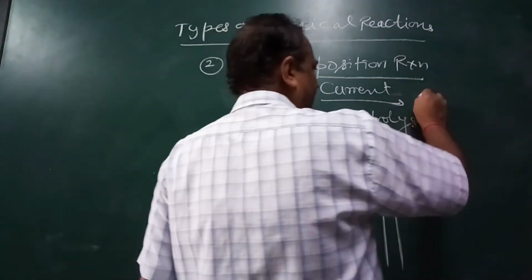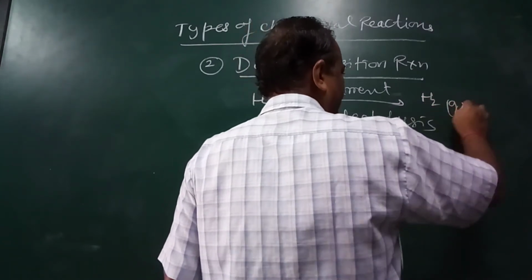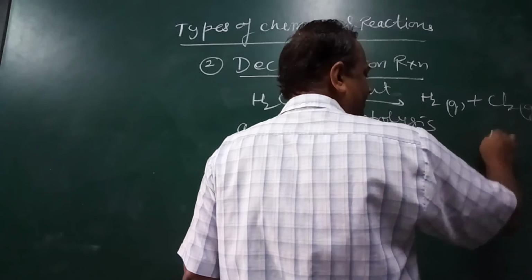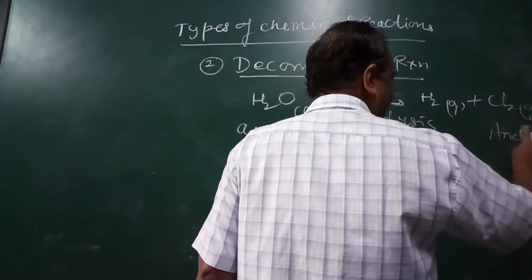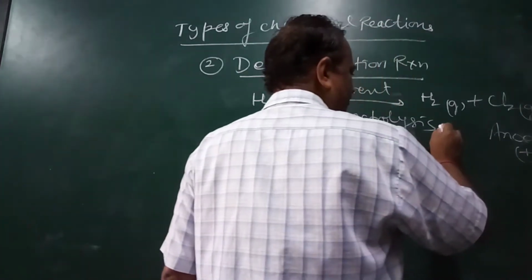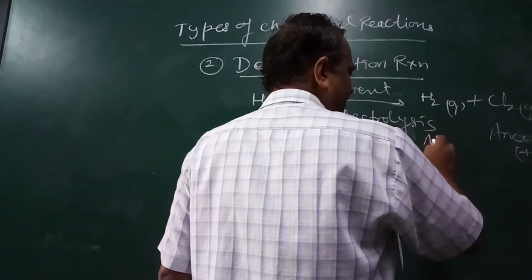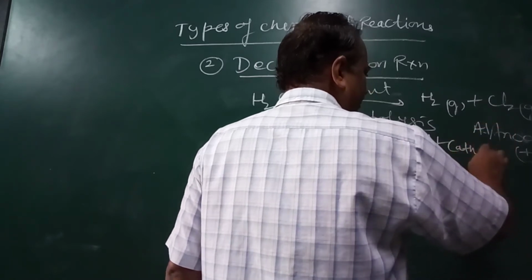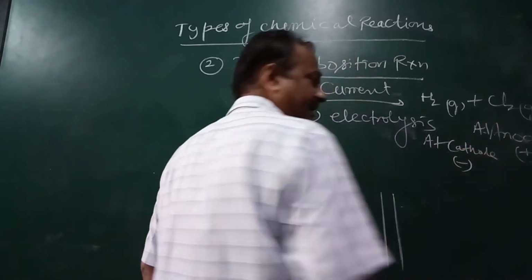So there is H2 gas plus Cl2 gas. Chlorine gas is liberated at the anode. Anode is positive. Hydrogen gas is at the cathode. Cathode is negative.